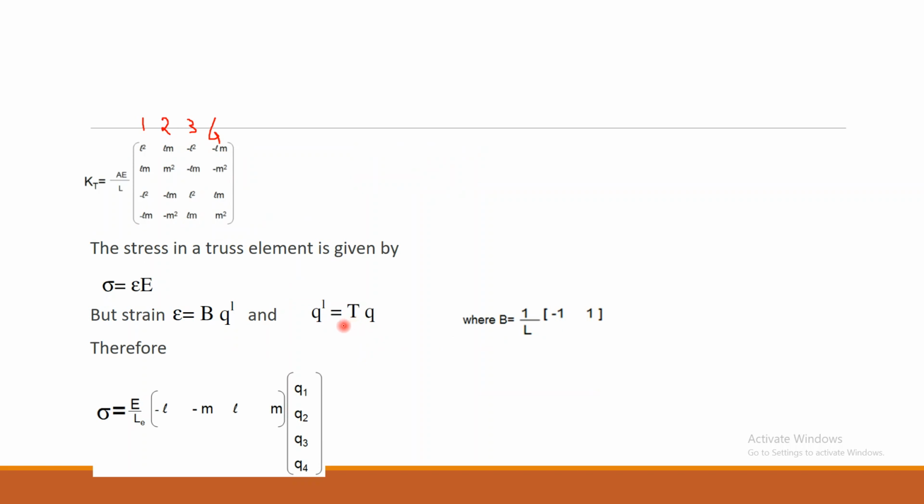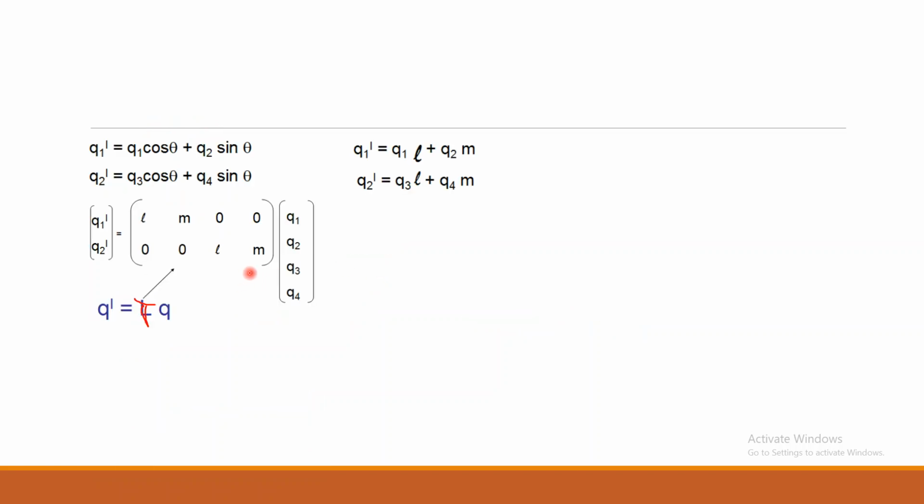And we know Q dash, as well as B, where B is equal to 1 divided by L times minus 1, 1. If I do the matrix multiplication, this one is 1 cross 2, and the T matrix is 2 cross 4.